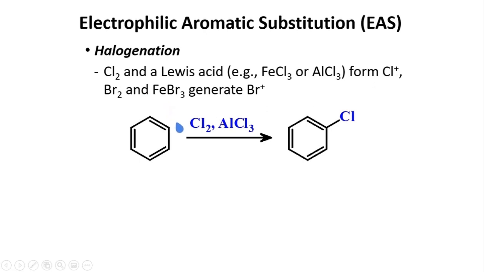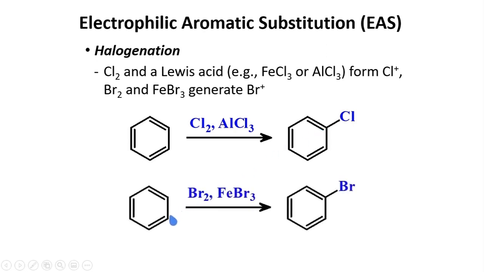An example, you have a benzene ring, which is reacted with chlorine and aluminum chloride, will produce chlorobenzene. If you use the alternate bromine molecule and ferric bromide, we will produce bromobenzene.